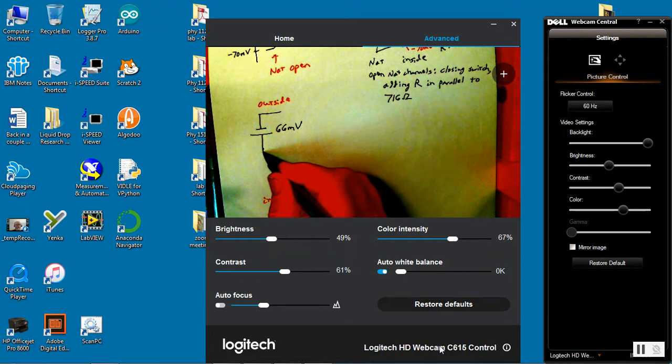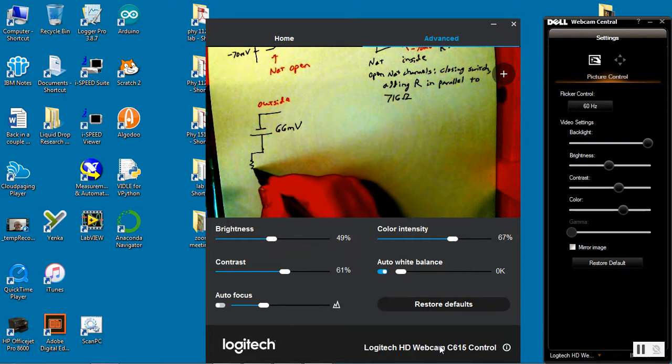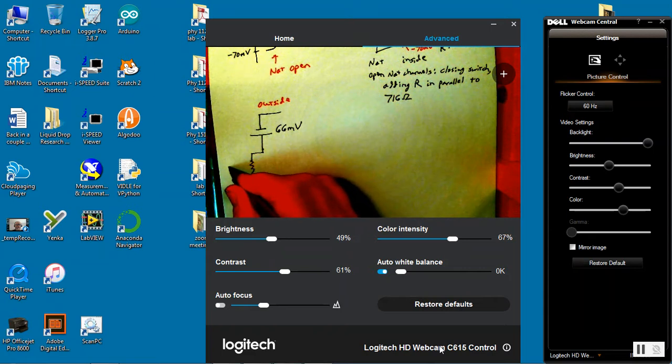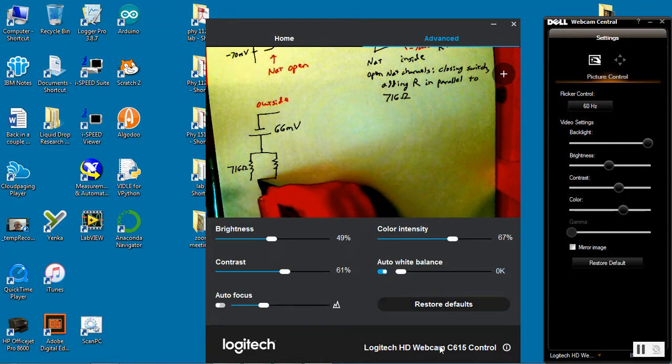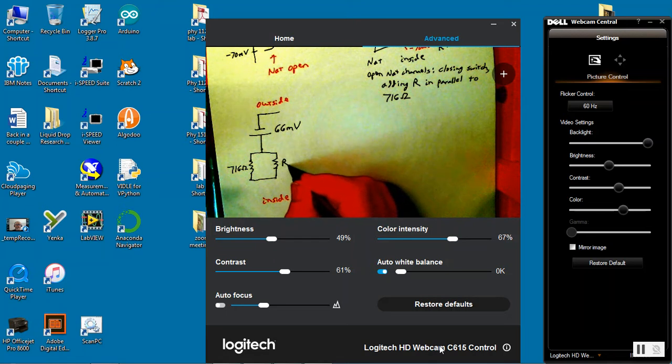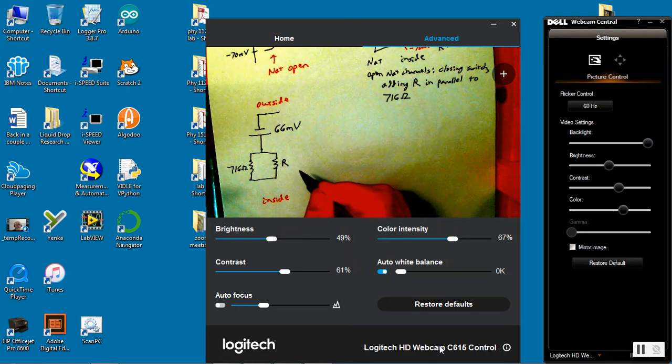And when the new channels are open during the action potential, we now have two resistors in series: the existing 716 ohms that was there during the resting membrane potential, and now this unknown resistor R, which corresponds to these new channels that have opened.